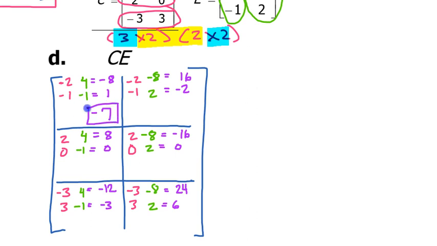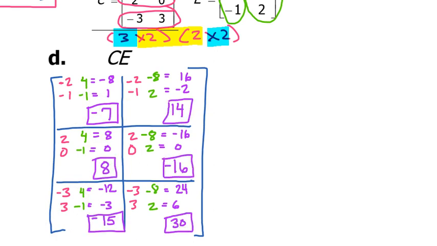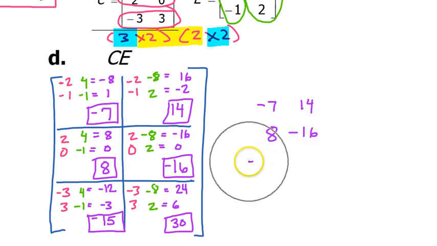That's going to be the answer for this particular element. Similarly, if I add the rest of the purple numbers, I get the numbers in the boxes you see here. So that's why the final answer is going to be -7, 14, 8, -16, -15, and 30.